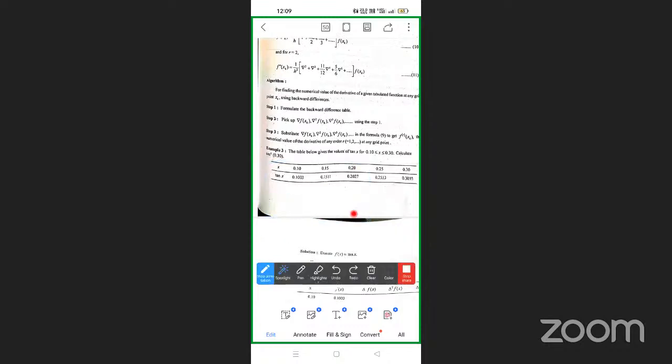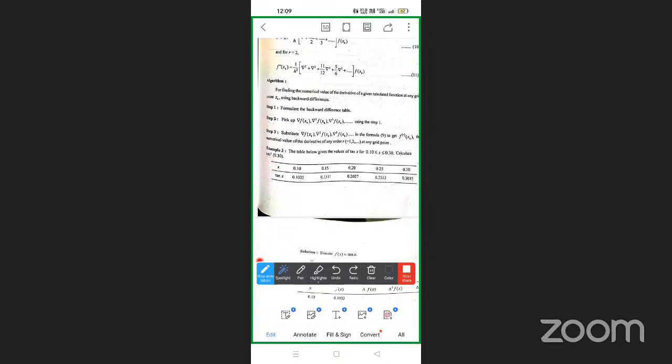The table given below gives the values of tan x for 0.10 less than or equal to x less than or equal to 0.30. Calculate secant square 0.30. Secant square x is the derivative of tan x, so we only need the first derivative.